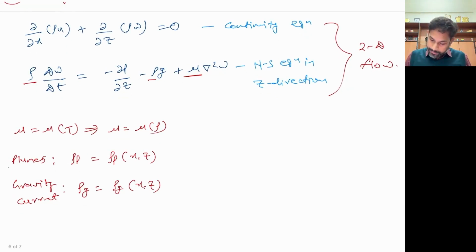So indirectly, these equations that we have here should look something like this.